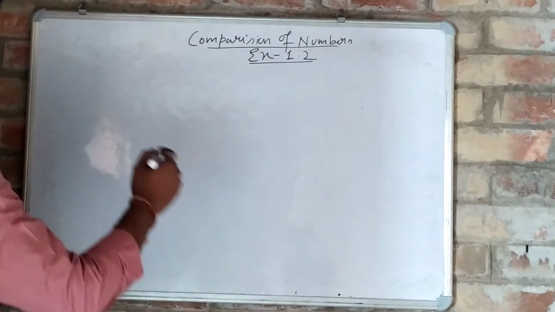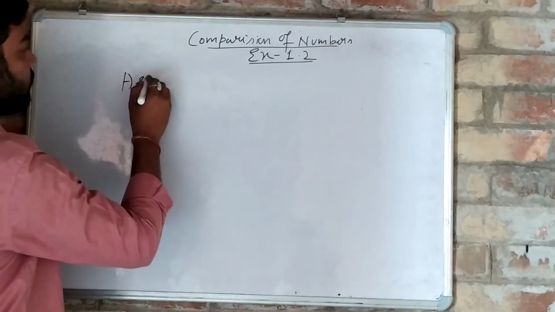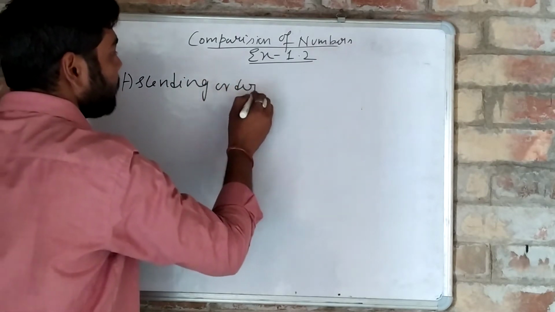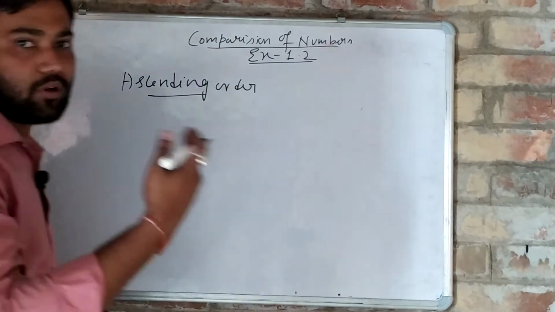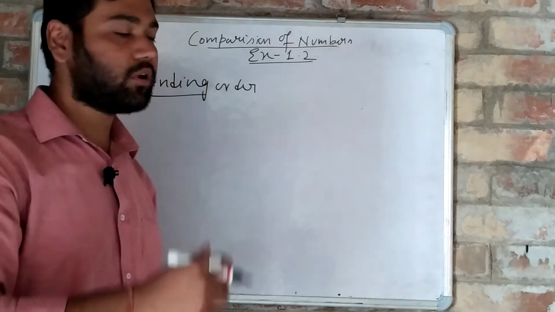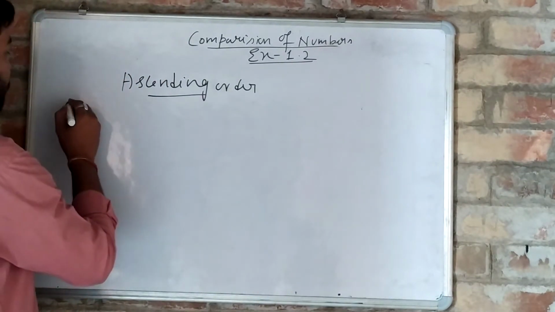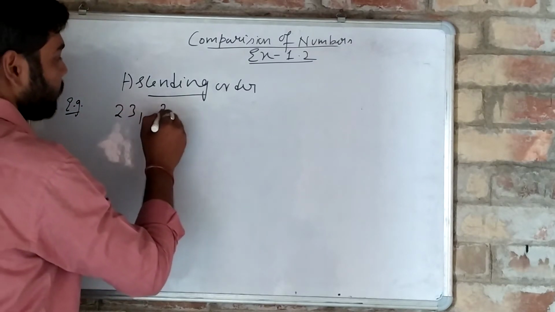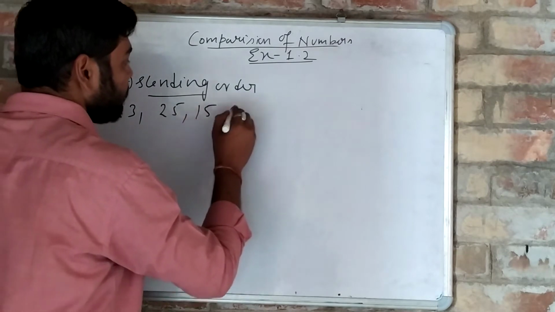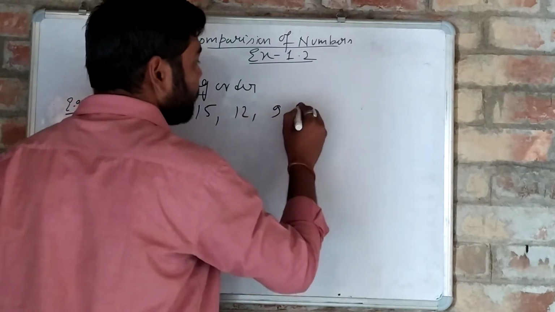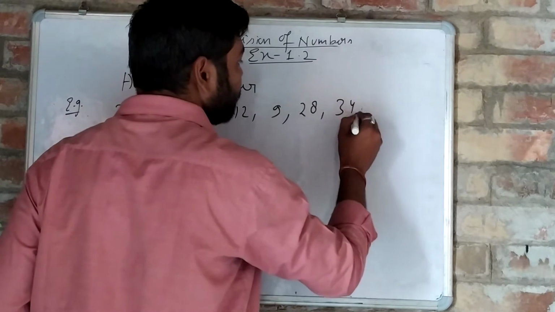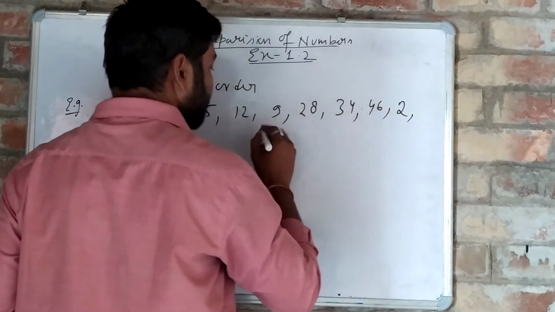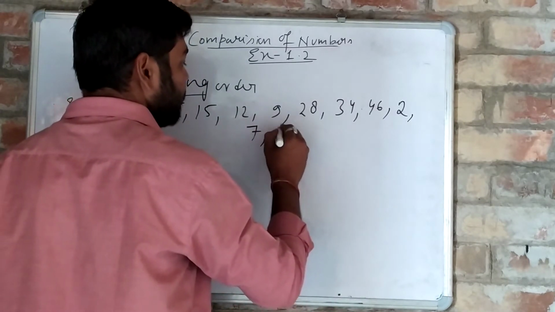See here, in ascending order, you all know, ascending order means from smaller to greater, ना छोटे से बड़े की ओर. Smaller to greater. Suppose for example we have numbers like 23, 25, 15, 12, 9, 28, 34, 46, 2, then 7, 84.